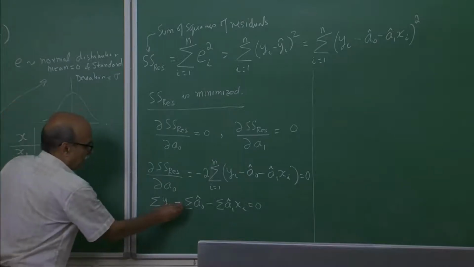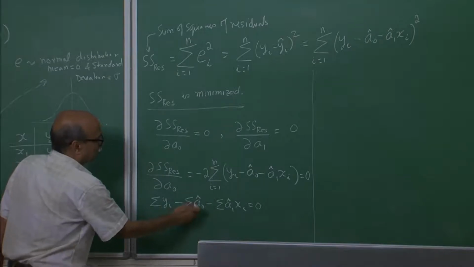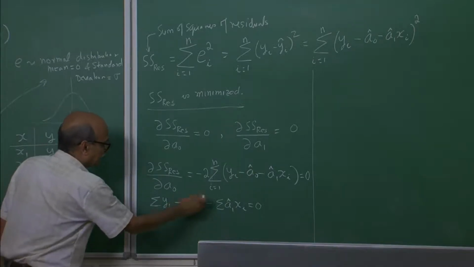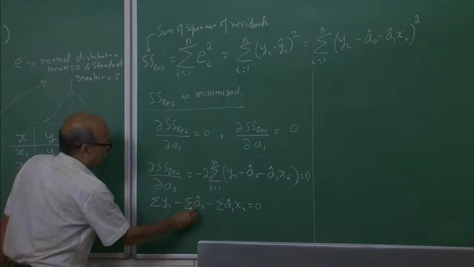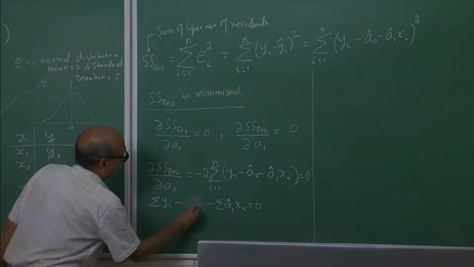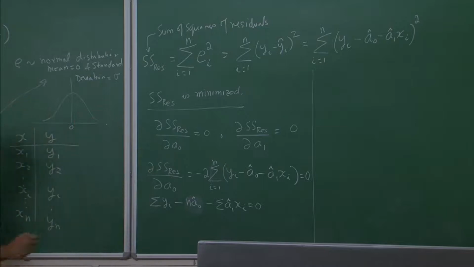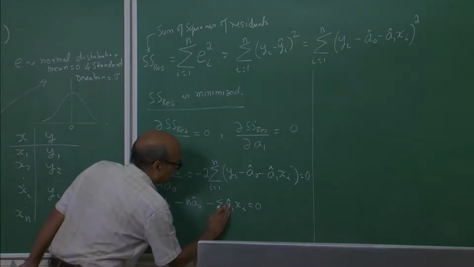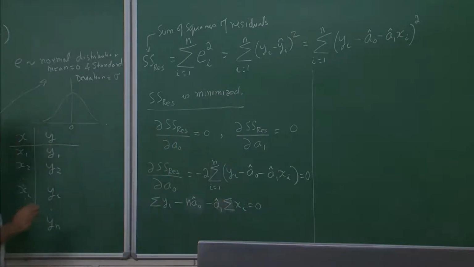Well, a0 cap is a constant, and hence it comes out of the summation, and this whole thing basically is adding a0 cap n times. So, this simply becomes n times a0 cap, where n is the number of data points. This a1 cap comes out of the summation and can be written as a1 cap out here.